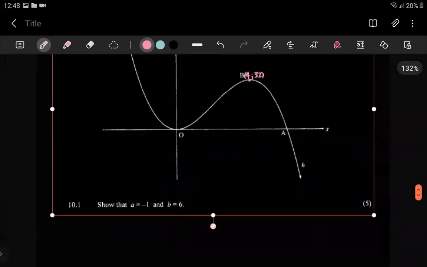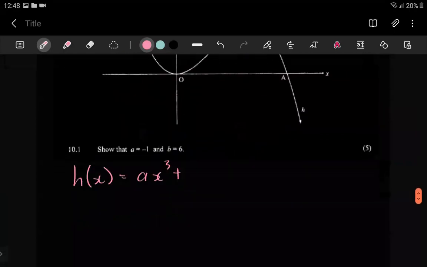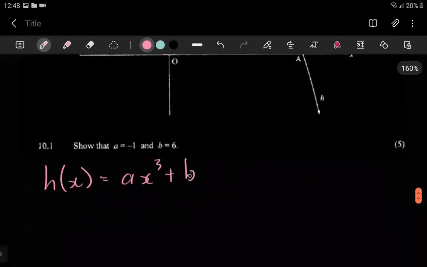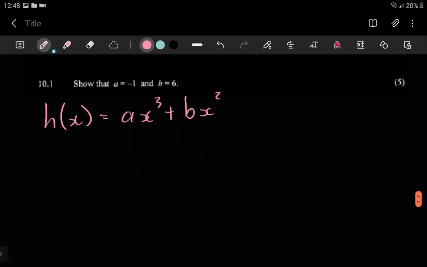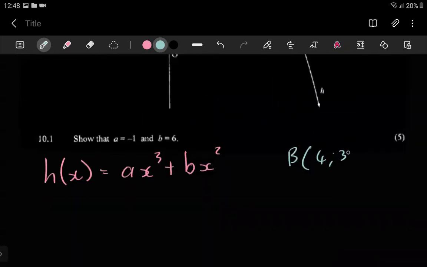So this is how this is useful. Firstly, in the equation of h, do you see that we have two variables? The one thing you'll always hear me say is that anytime you need to work out two variables, one very useful thing is to try and solve them simultaneously. So far we have b, a full coordinate given, 4 and 32.